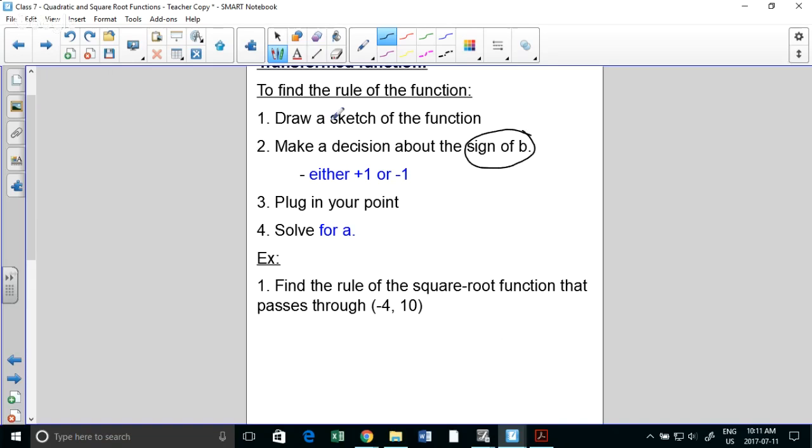That's it. So either b is +1 or -1. So either you have the case of y equals a root of negative x or y equals a root of x. Which one you decide on is going to come from your sketch. Then you plug in a point and solve for a.